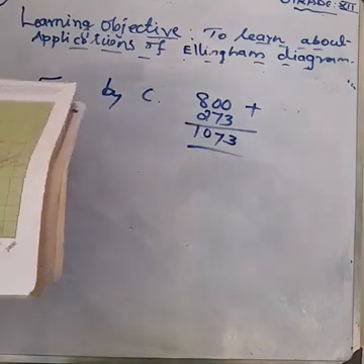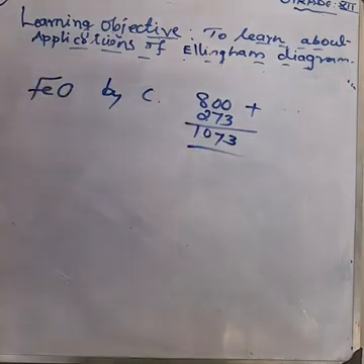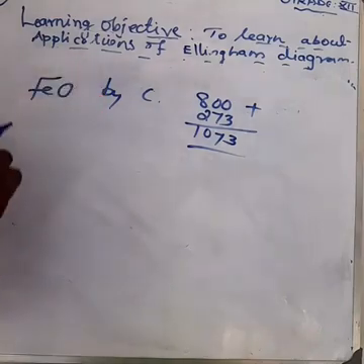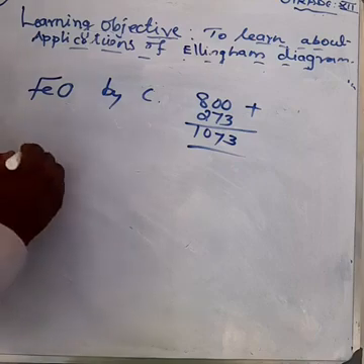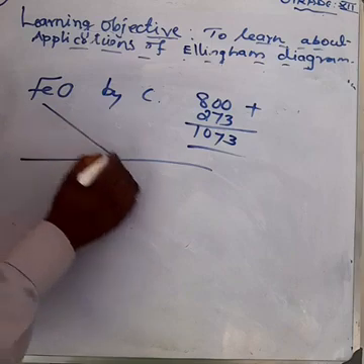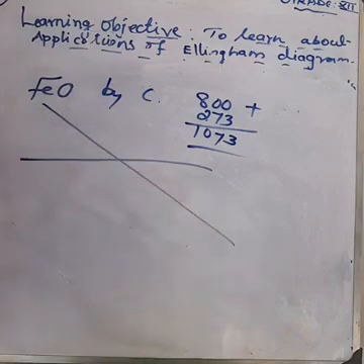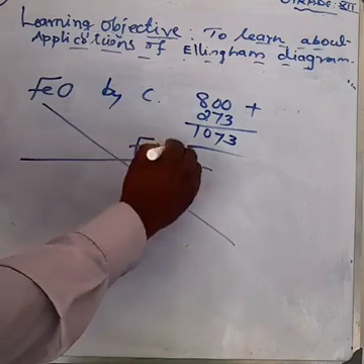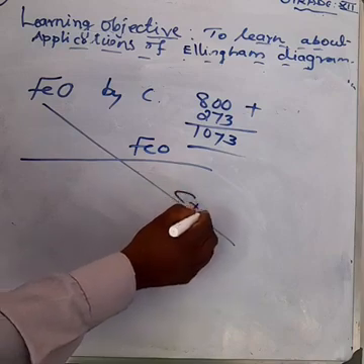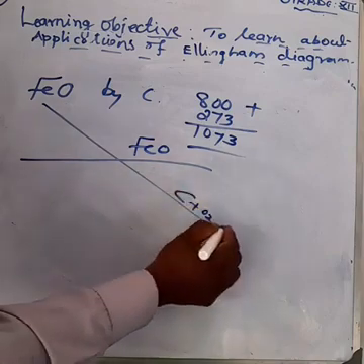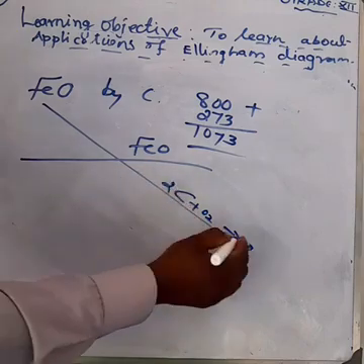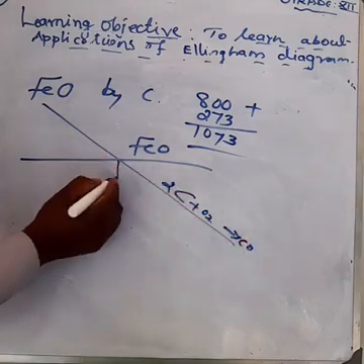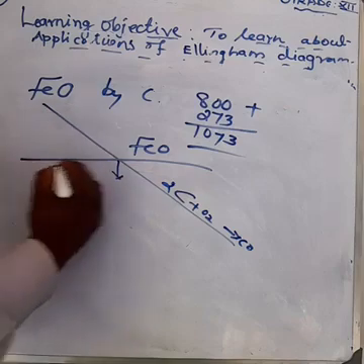Below this temperature, the carbon line lies above the iron line. Can you understand? First we are looking at the blue line, that is the iron oxide.